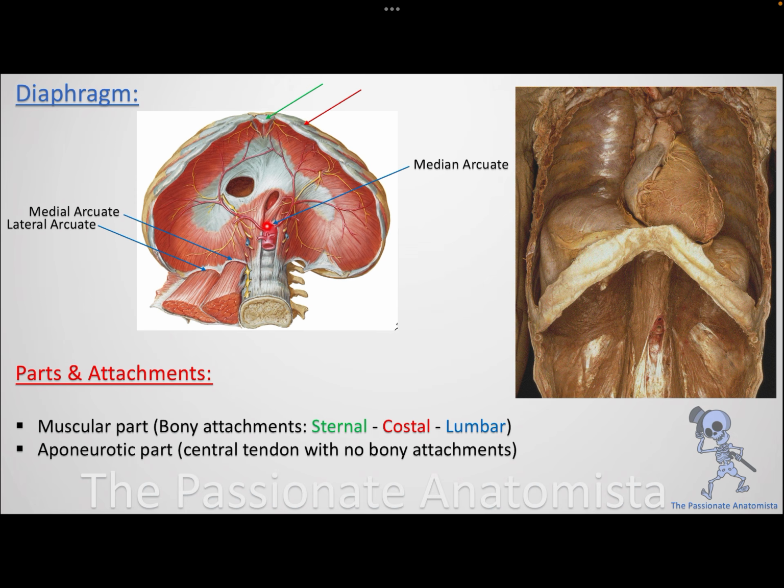It's basically the ligament that attaches the right and left crura of the diaphragm. What are the crura? They're actually those tendons that arise on the right side from L1 to L3, and they make sling-like fibers around the aorta.